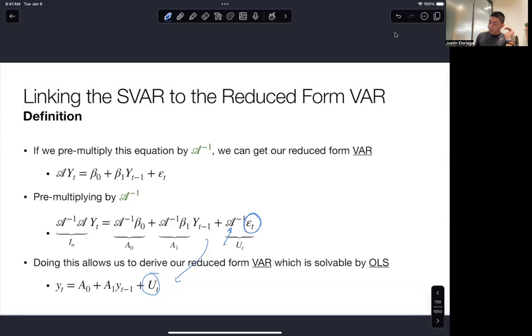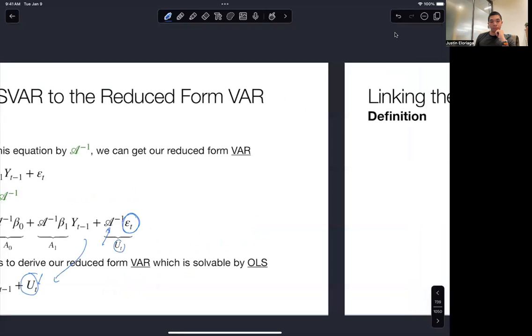When we run a normal reduced form VAR, that allows us to get U. Then we can go from U, multiply it in some way by A inverse, and get epsilon, our structural shock. Then we can impose and derive the IRFs.